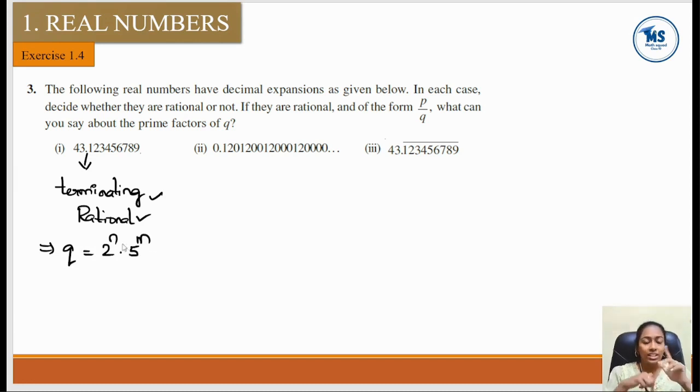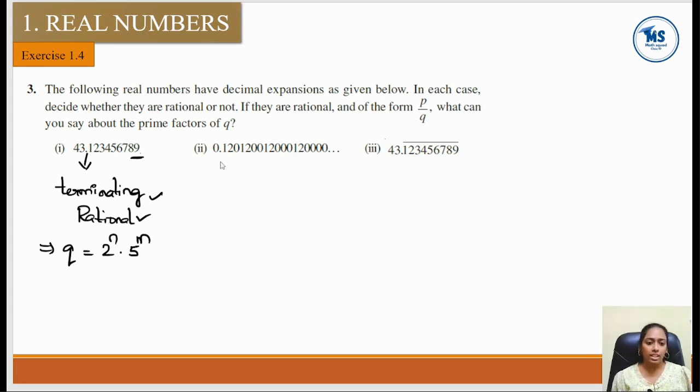The theorem says that if our rational number x is in the form of p by q, and q is in the form of 2 power n into 5 power m, then x is terminating. Terminating means it will stop at a point. Here it stopped at point 9.